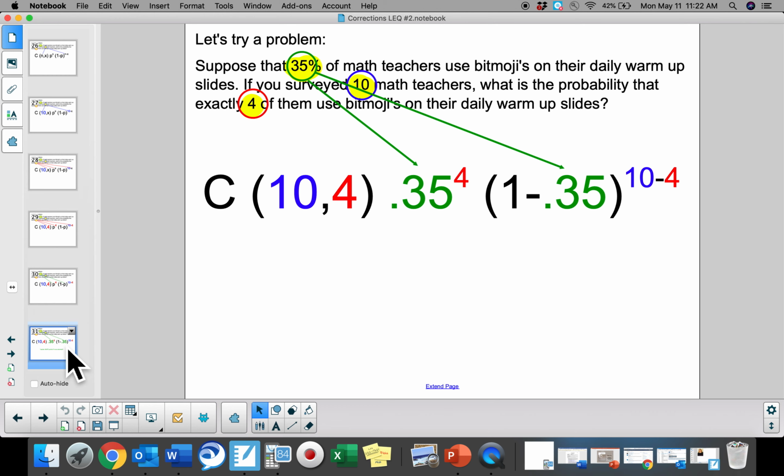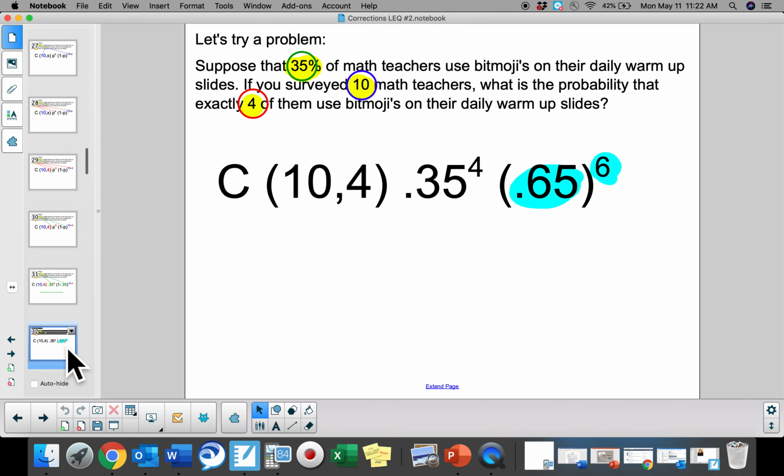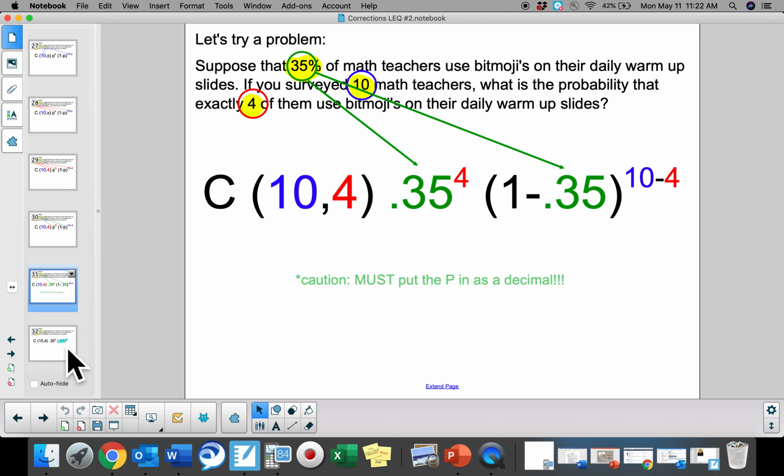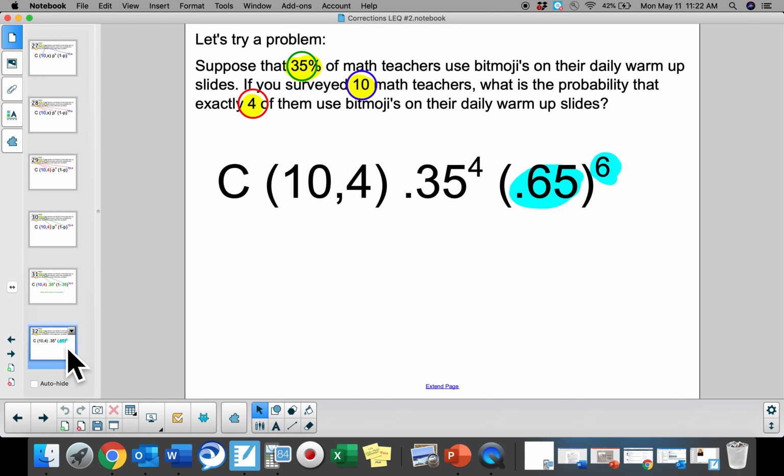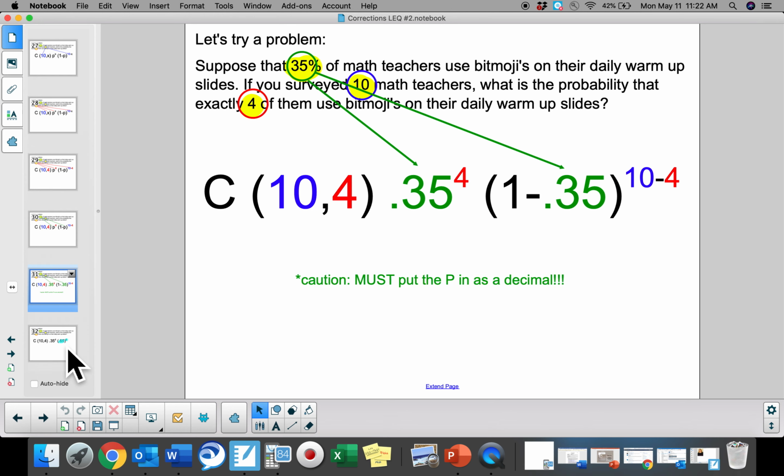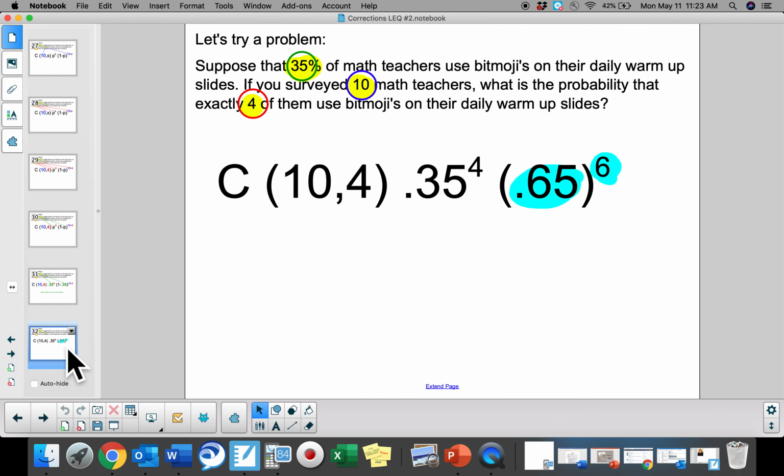Now all I'm going to do here is do a little condensing. Notice my 1 minus 0.35 just became 0.65. Notice my 10 minus 4 as the last power just became 6. Now I want to point some things out. See how this 4 right here and this is a 4 right here.